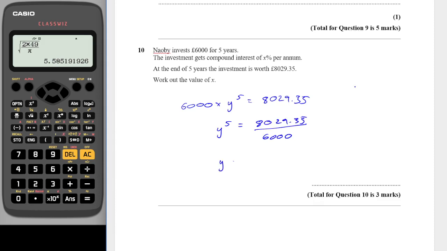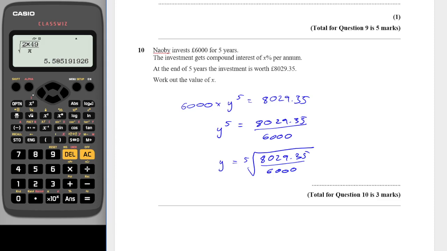So y is going to be equal to the fifth root of 8,029.35 divided by 6,000. And then that value for y should be a number just above 1, so 1 point something, and then we're going to have to convert that into a percentage.